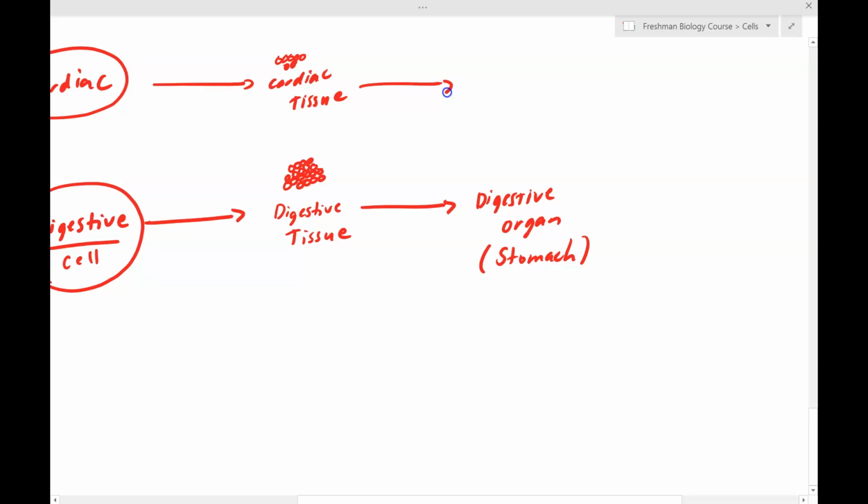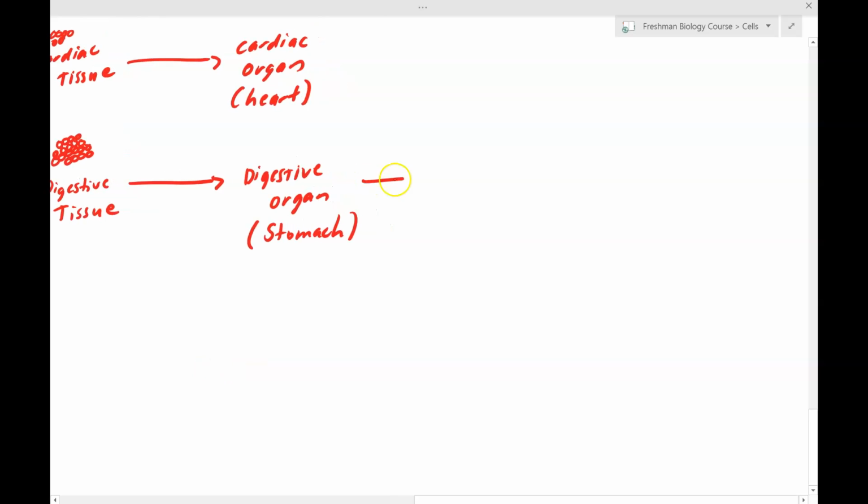In the cardiovascular system, we'd have a cardiac organ, like the heart, all right. And then we move on from a digestive organ to the actual digestive system, okay, which is going to include the stomach, the small and large intestine.